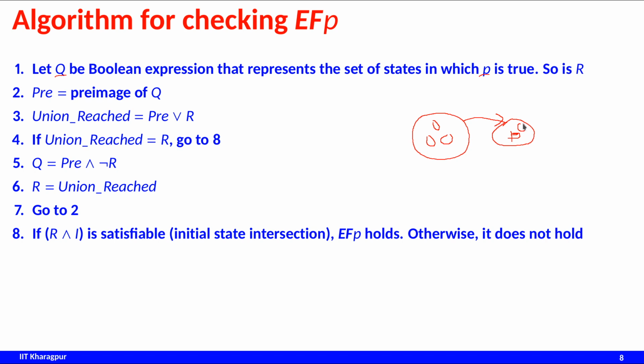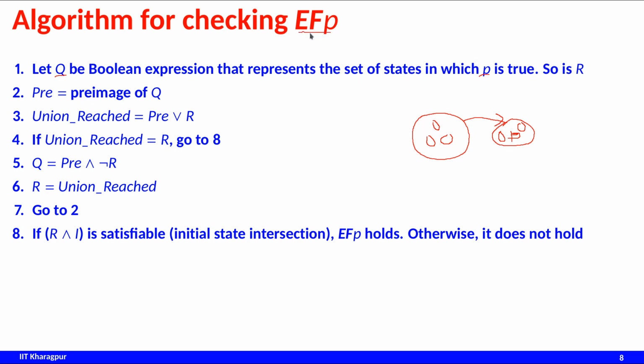So if there is a state in which P is true, then I know EFP is true, and I would like to find out the set of states from where I can reach these states. Then I will also tag EFP on this set of states as well.